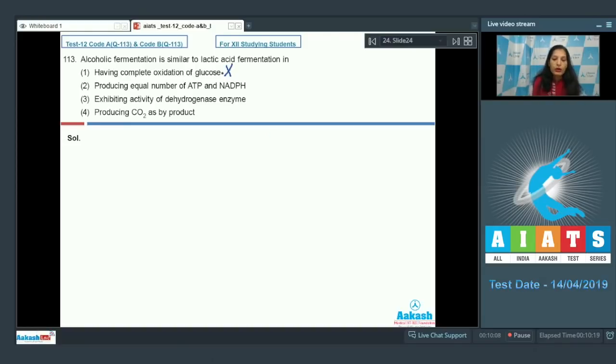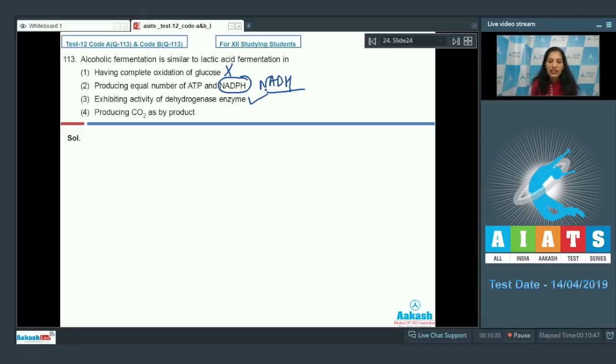So this is wrong. Producing equal number of ATP and NADPH: there is no synthesis of NADPH. During respiration, there is a synthesis of NADH, but during photosynthesis in higher plants, you will see that there is synthesis of NADPH. So please see it carefully. Exhibiting activity of dehydrogenase enzyme: yes, it is correct.